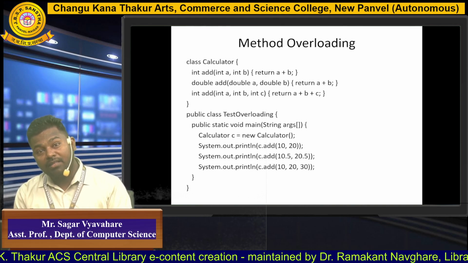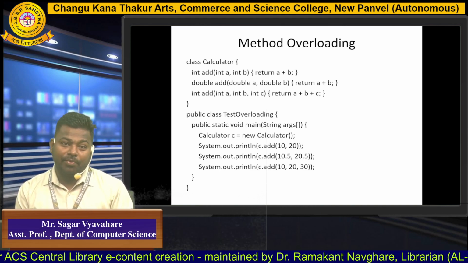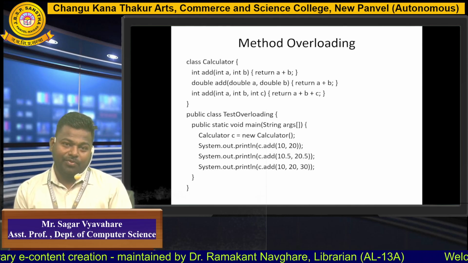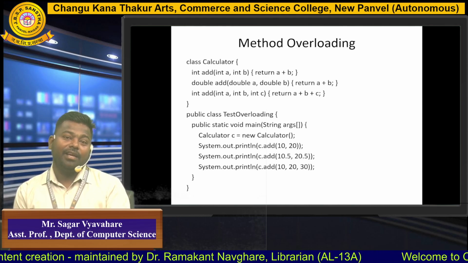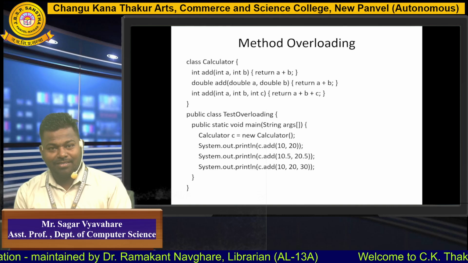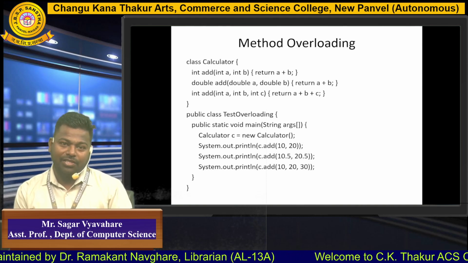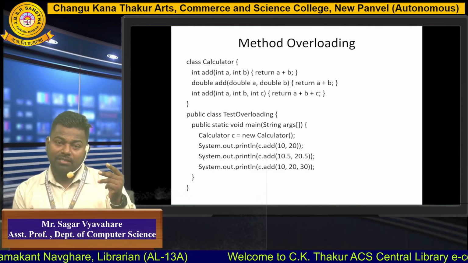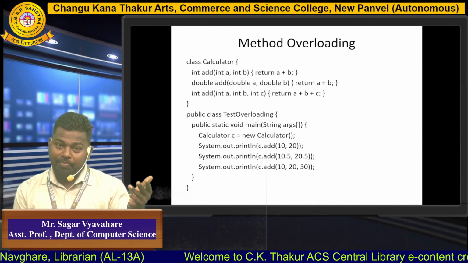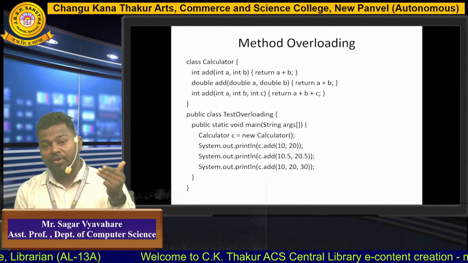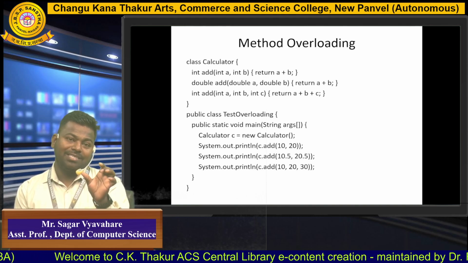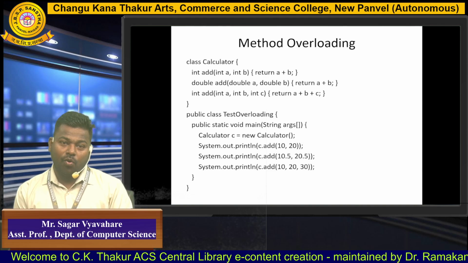There is a third method, again the name is the same, data type is integer, but the parameters are different: integer a, integer b, integer c, and it also returns the sum. So you can see here three methods having the same name. Either they have different parameters or they have different data types. So this is a perfect example for method overloading.